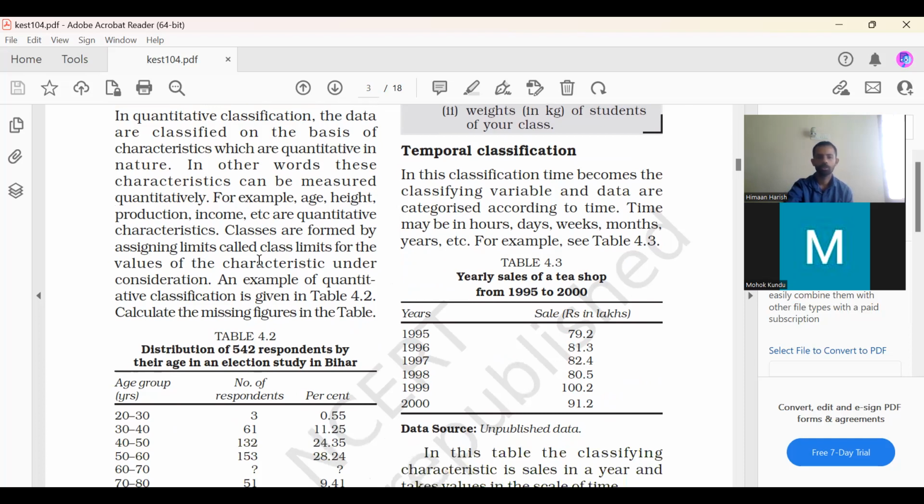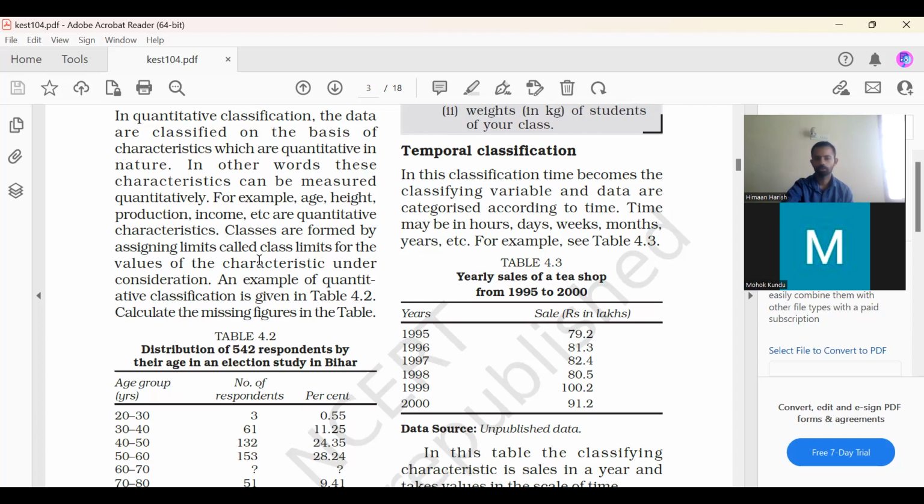For example, see table 4.3, which represents the yearly sales of a tea shop from 1995 to 2000 in India. From 1995, the sale of tea is 79.2 lakhs, whereas it's 81.3 lakhs in 1996.